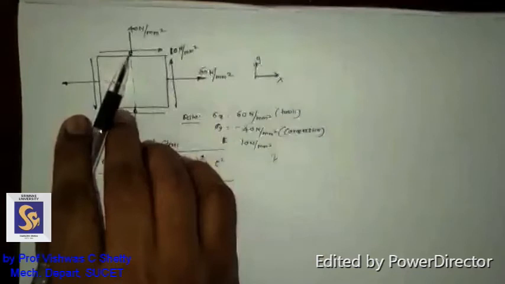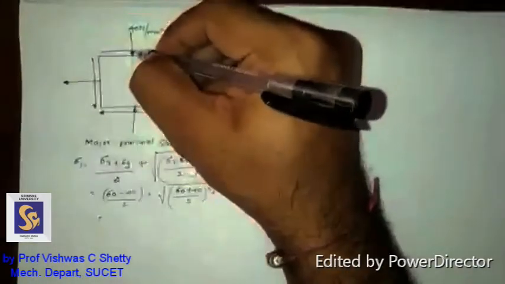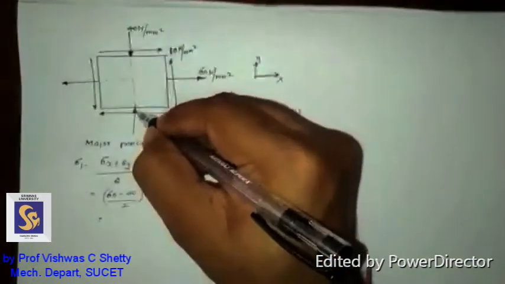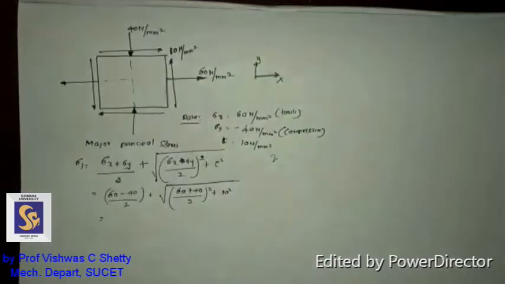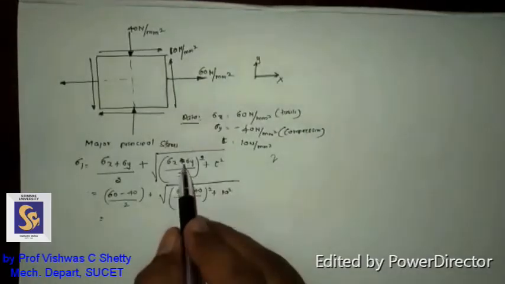No, this is negative. Sigma y is minus inside the root. See, it is minus, right? Minus of minus means it will be plus.